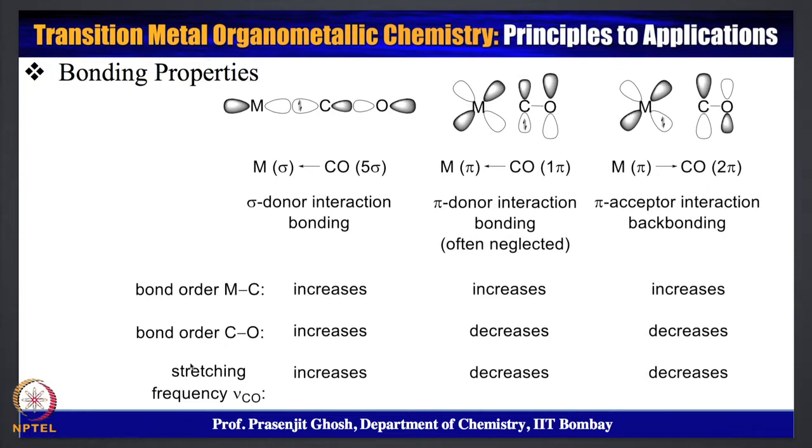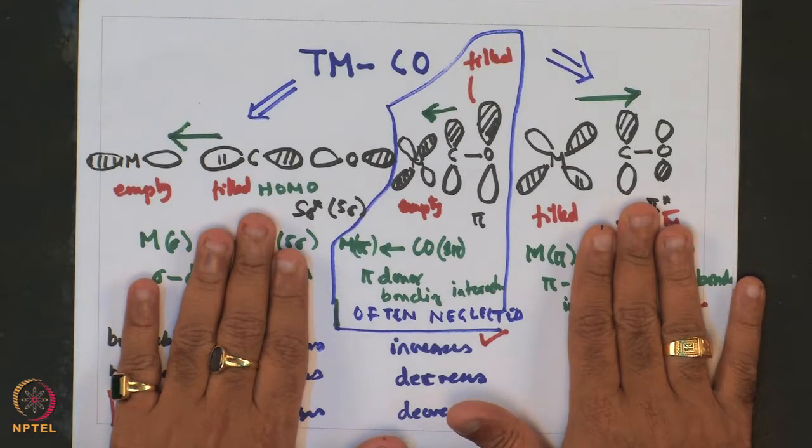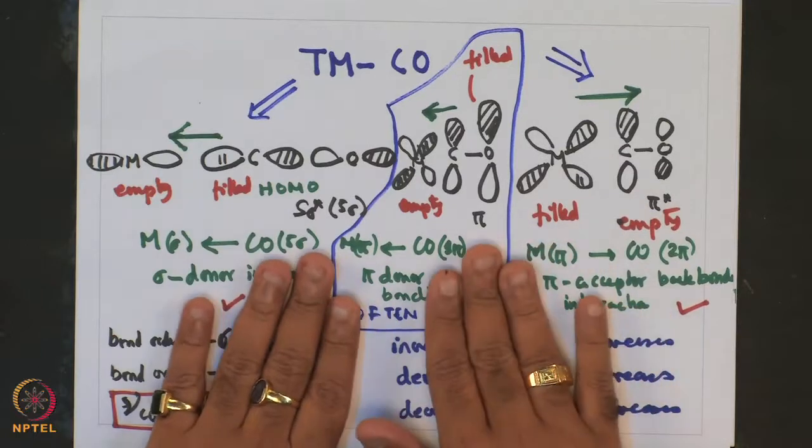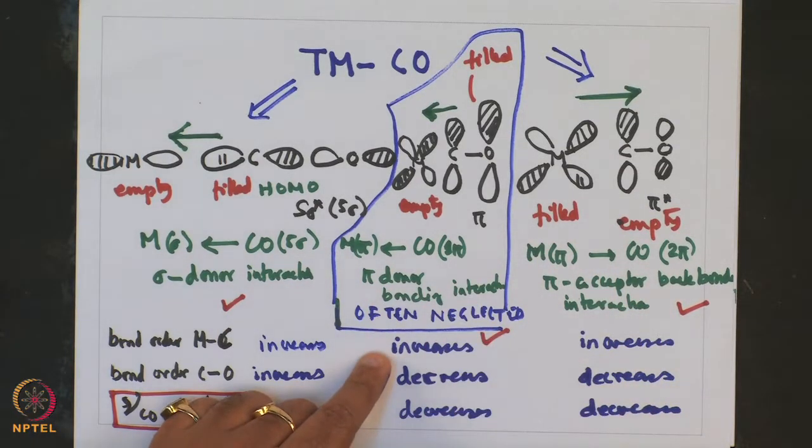Now, as I said in the beginning of the discussion, the forward sigma donation and backward pi donation are the ones which are mostly spoken about, and this forward pi donation, the one that is shown over here, is less prominent or more often neglected.